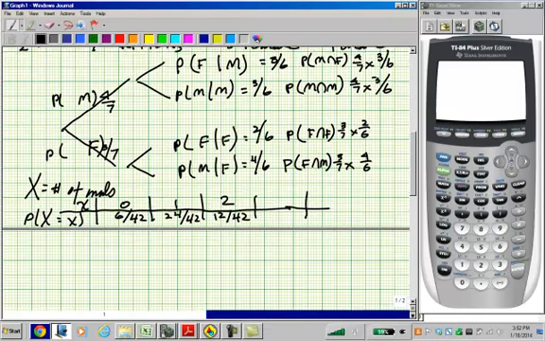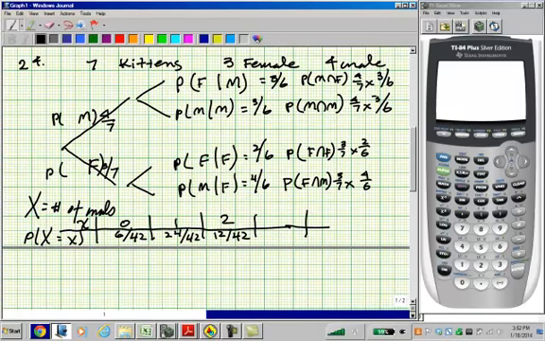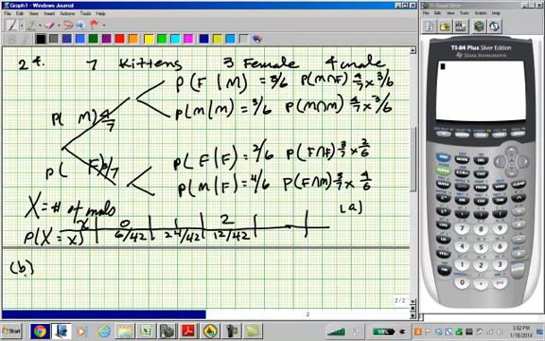So that's A. We've answered A. Let's do B. For the kittens, what's the expected number of males? The expected number of x, where x equals the number of males, is going to equal 0 times 6 over 42 plus 1 times 24 over 42 plus 2 times 12 over 42.